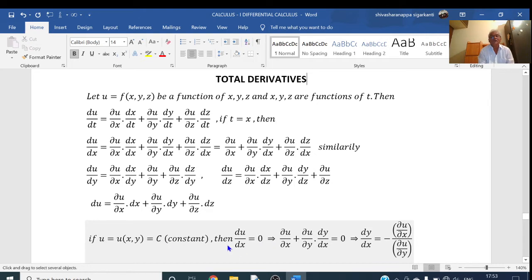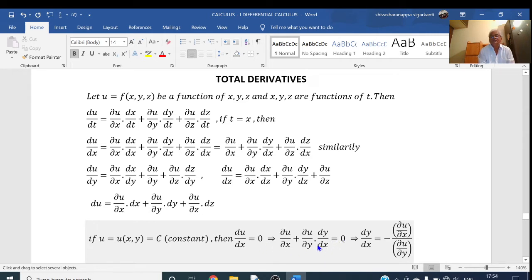And this implies, how can I write du by dx? Here u is a function of x and y, so du by dx can be written as dou u by dou x into dx by dx, that is 1, plus, as u is a function of y also, dou u by dou y into dy by dx, equal to 0 on the right hand side.